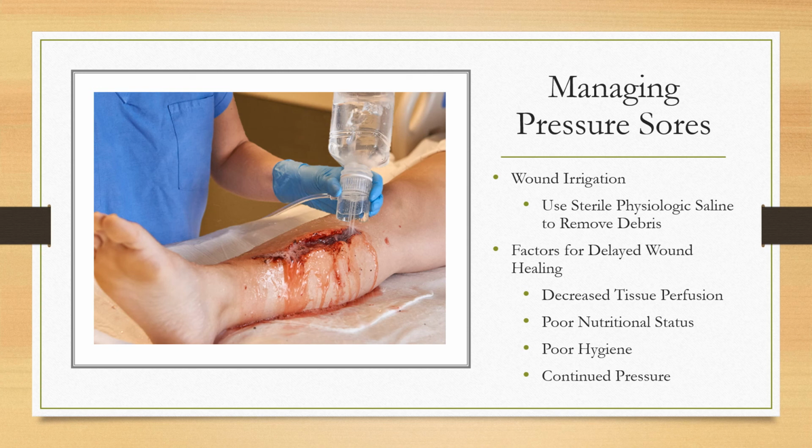So if it's just erythema, then it doesn't need irrigating. Sterile solutions, so sterile water, sterile saline, just to remove any debris or anything that's within the wound itself, and keeping it clean, right? Now we don't irrigate with antiseptics. We don't pour chlorhexidine or alcohol into there.